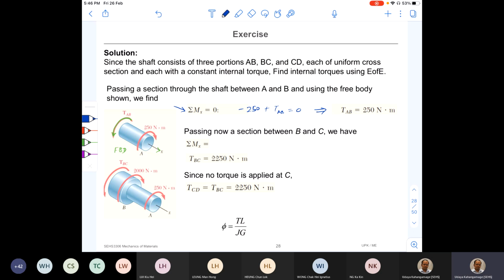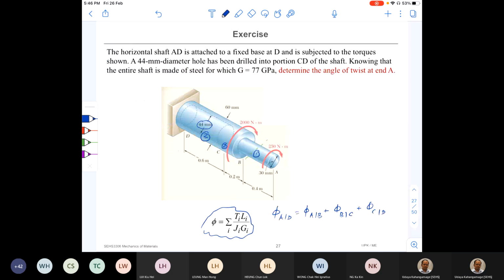Then for B to C, we need to cut the member between B and C, somewhere here maybe, and draw a free body diagram for that cut portion, the right-hand portion.